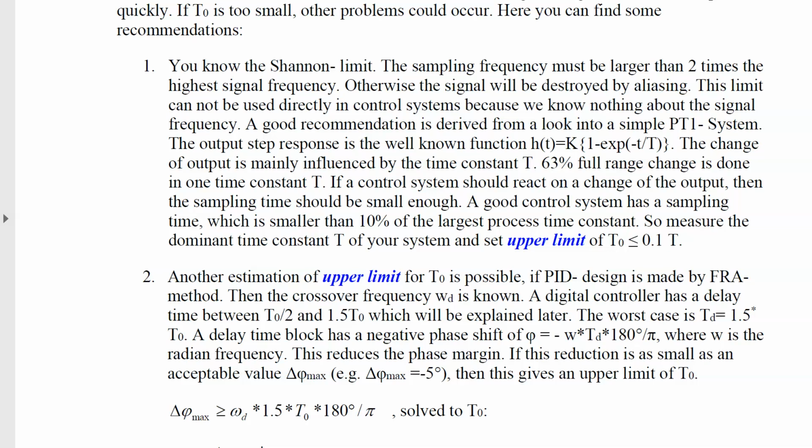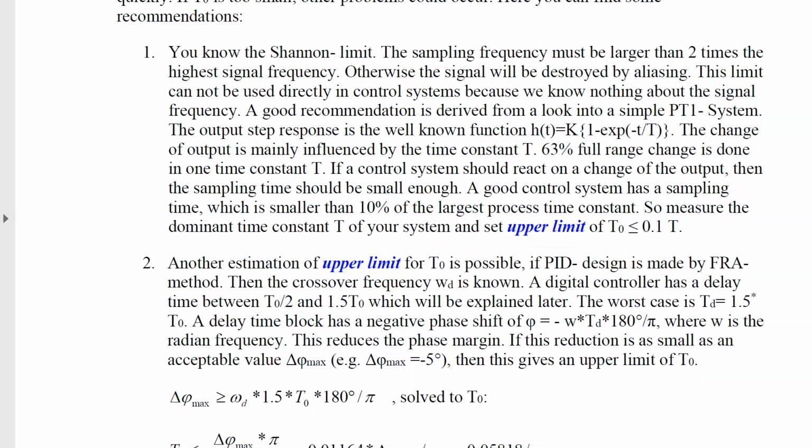So the first is a main point in digital systems, has something to do with the Shannon limit. Make some notes. Choice of sampling time.